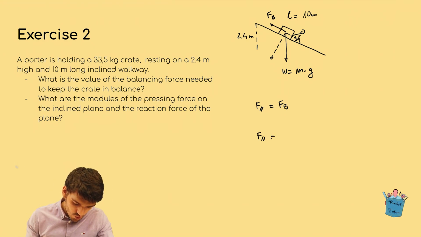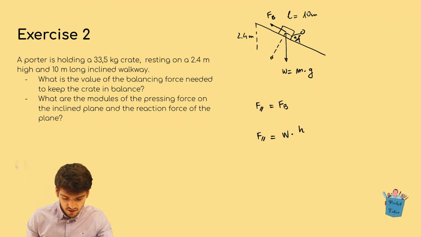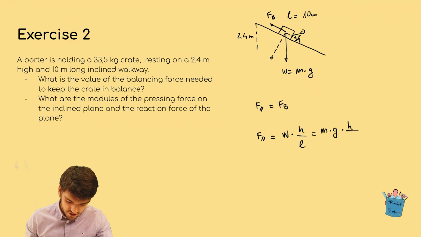is equal to the weight times the height of the inclined plane divided by its length. This means that it will be equal to the mass times g times the height divided by its length.